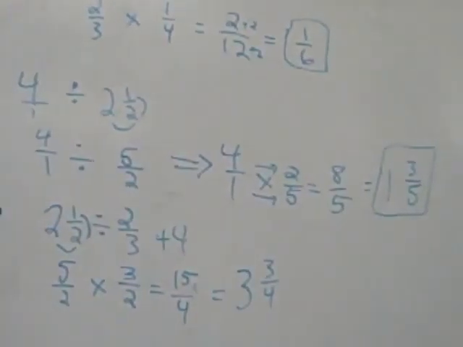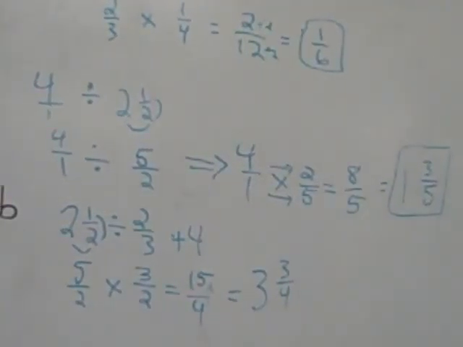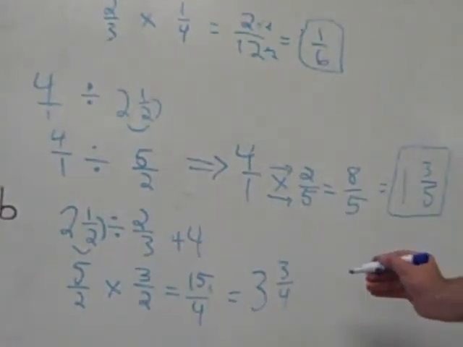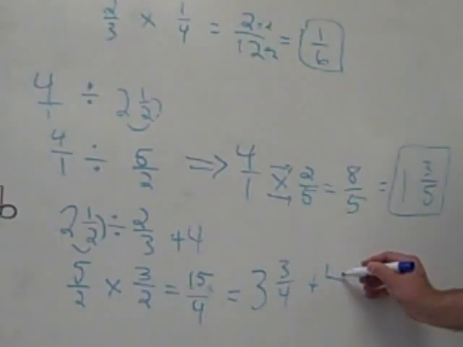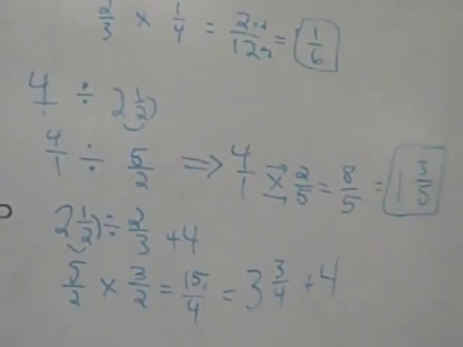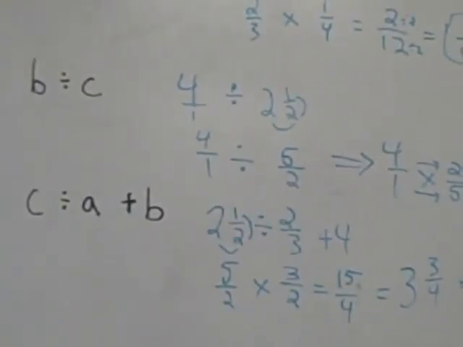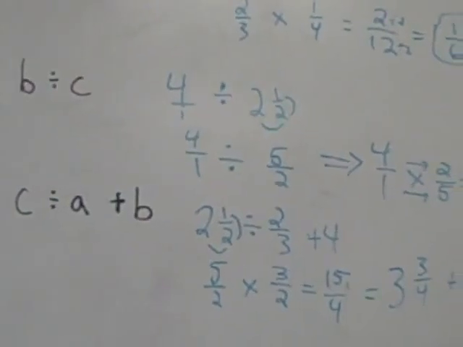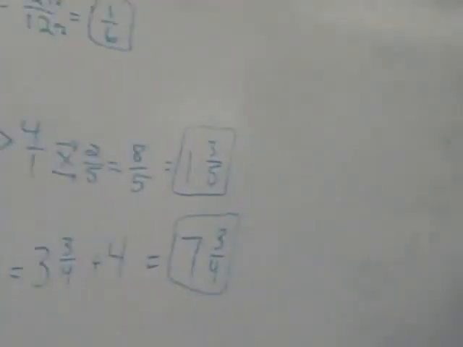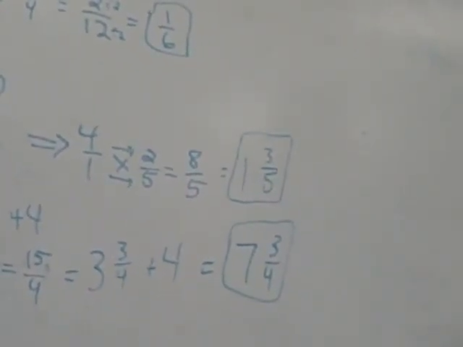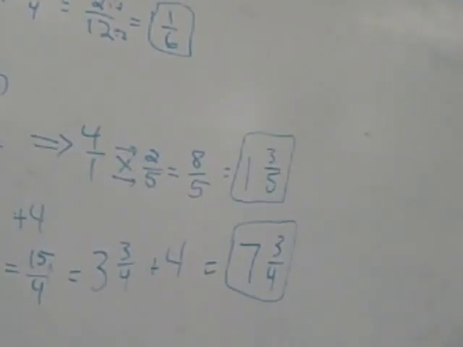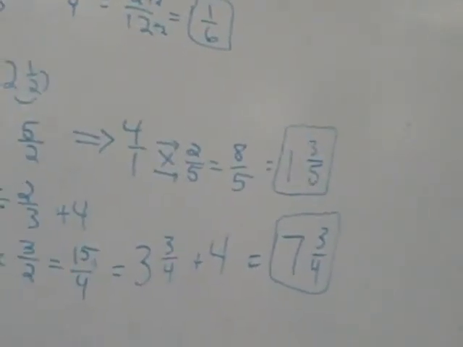And I'm done, right? No. What's left? Oh, we gotta be careful. They'll try to do that. So what's left to do? Add 4. Do I need to change 4 to a fraction? No. So what do I get? 7 and 3/4. Is it hard? What do we gotta remember? What's this saying we stole from Miss Jones? Keep it, switch it, flip it. Alright, kill it, man.